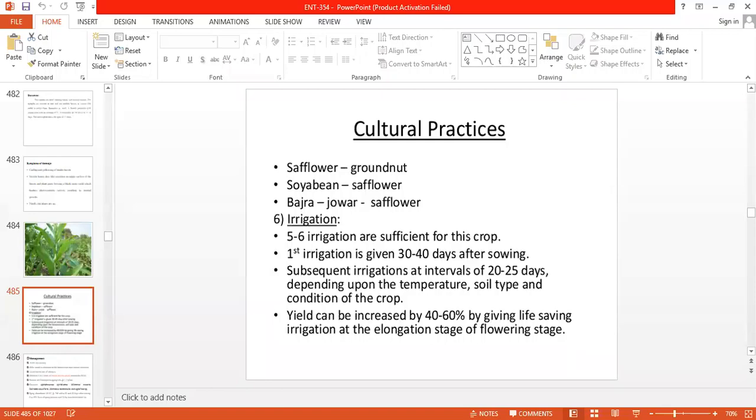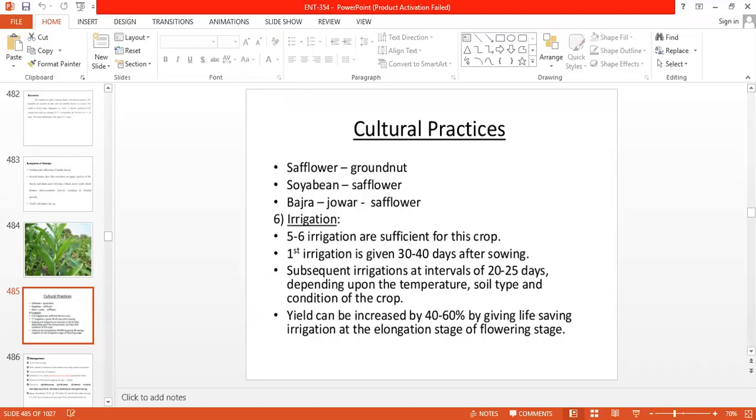Intercropping along with safflower, groundnut. Crop rotation with safflower, groundnut, soybean, safflower, bajra, jowar, safflower. 5 to 6 irrigations are sufficient for this crop.